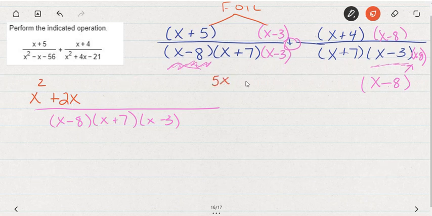So x squared, first times first, outside times outside, and inside times inside, gives us a negative 3x and a plus 5x. And then the last times last, negative 15. But that 5x and minus 3x combine to 2x.